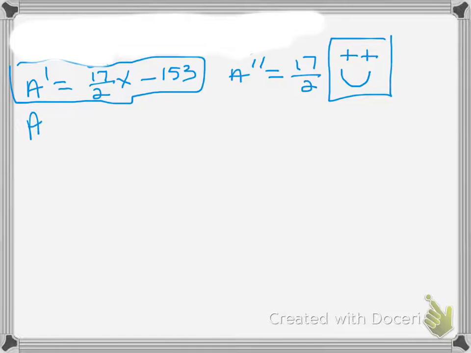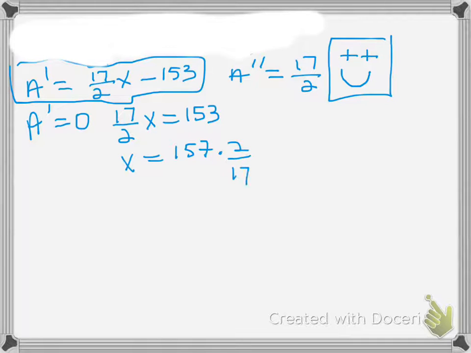So our normal procedure would be to set your A prime equal to 0. So let's do that. And if we do that, we say 17/2 x equals 153. So x equals 153 times, just flip over the other thing, times 2/17.